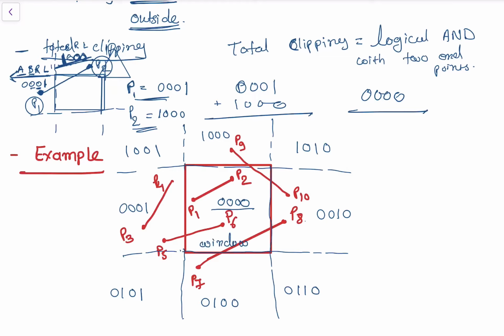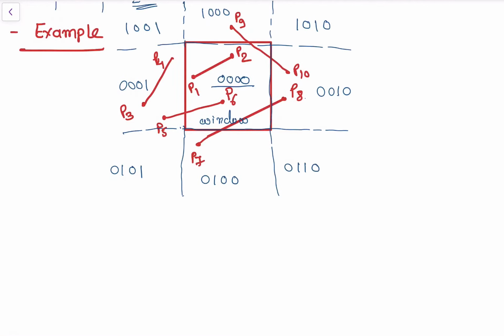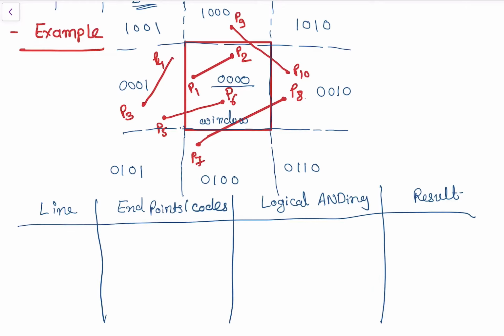So let's check whether the first line P1 and P2 is inside or outside. We have to make one table with line, endpoint codes, logical ANDing and result, and check the lines one by one whether they are inside or outside.